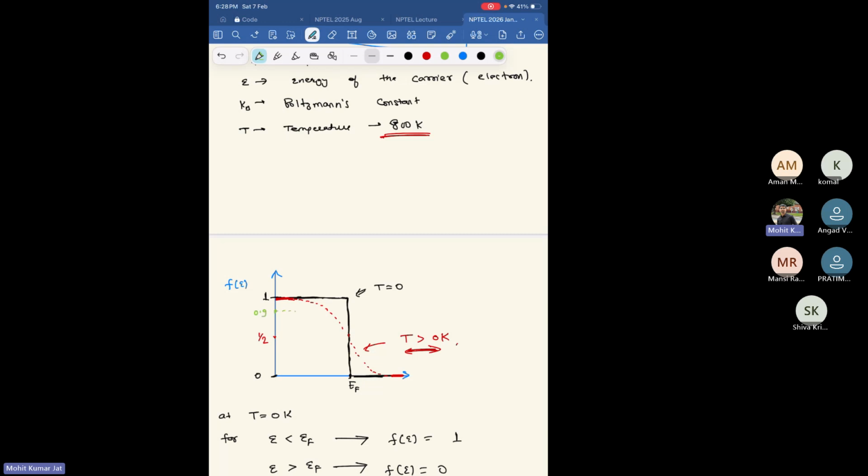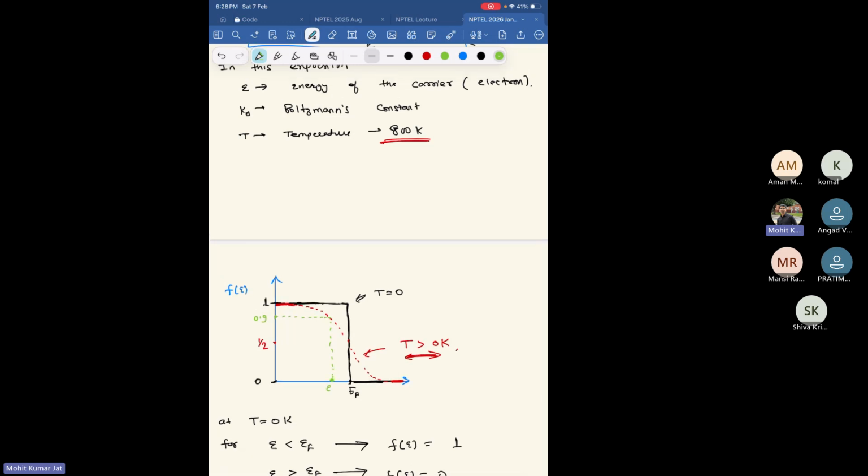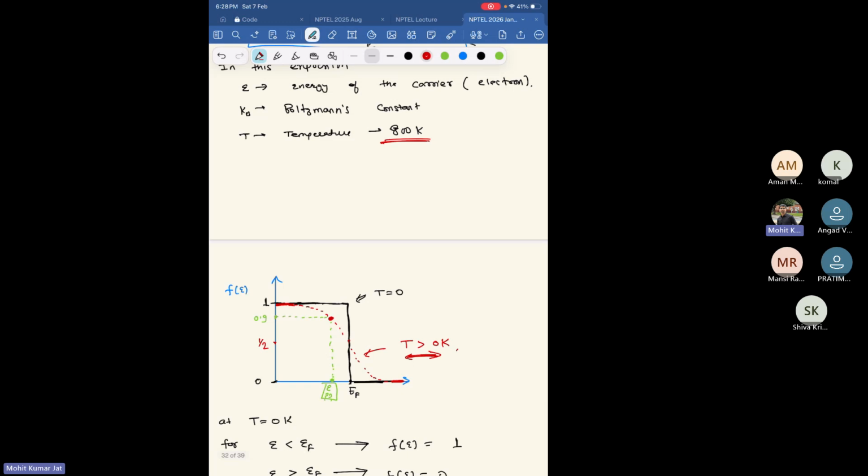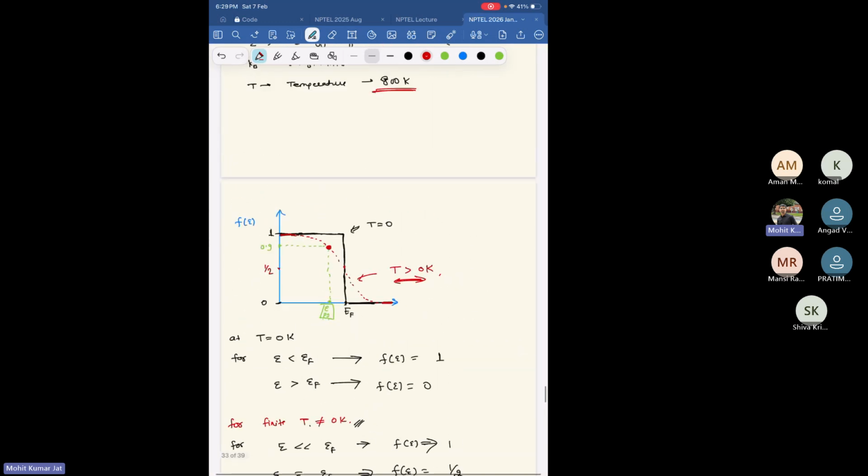So it is asking, at this point, where the probability is 90%, what is the value of the energy? So this energy E, the question wants us to estimate. Basically, this is what the question is asking. It's E. And how do we determine that?